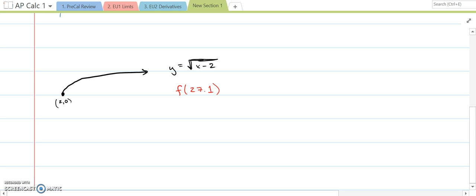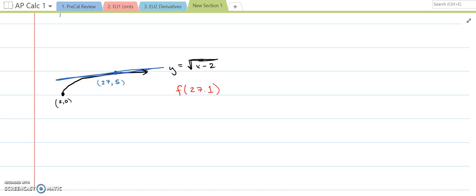And I'm going to be able to approximate it by looking at the tangent line, which runs through 27 comma 5. If I use my 27 comma 5, it's going to generate that line that's really, really, really close. And I would consider 27.1 really, really, really close to 27.